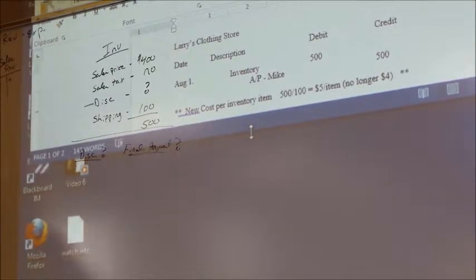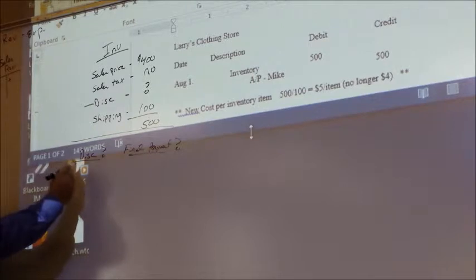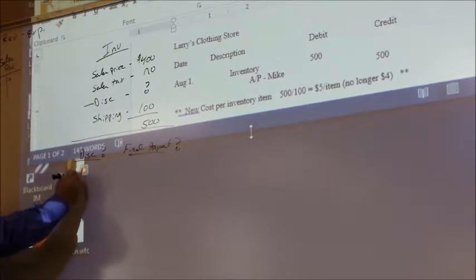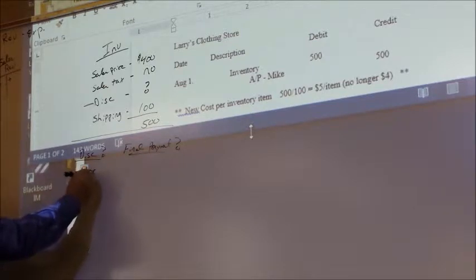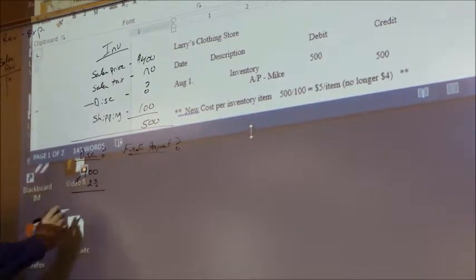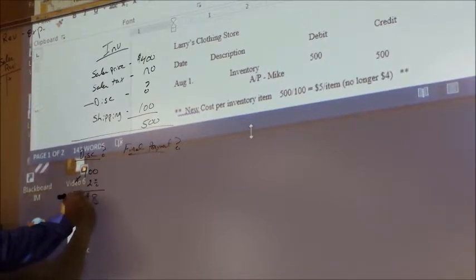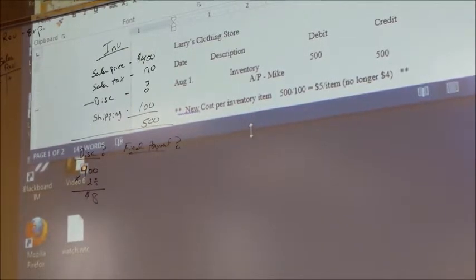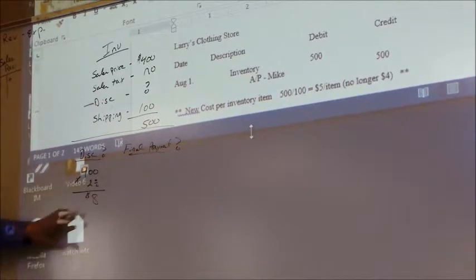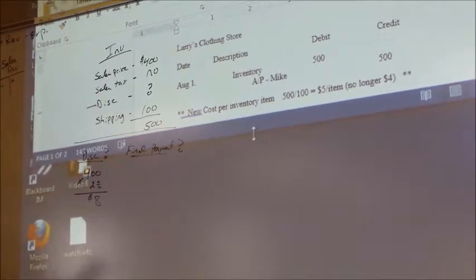Okay, 2% of what? 400. Good, the base price. 2% of 400 is $8. Okay, so I get a discount of $8. $8 off of what though?